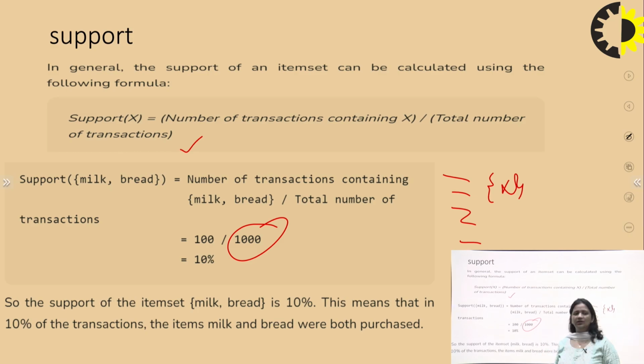The number of transactions containing X, 100, divided by the total number of transactions, 1000, is 10%.